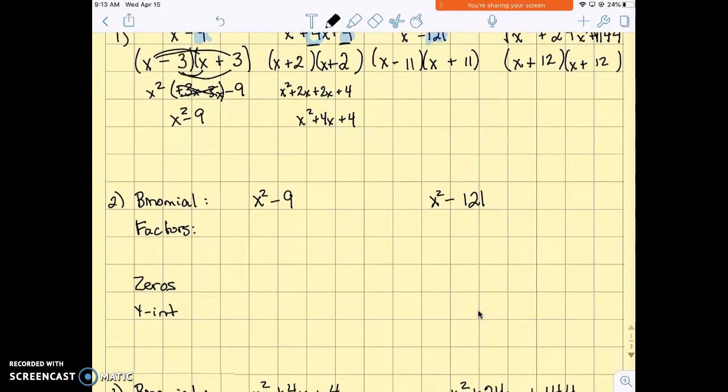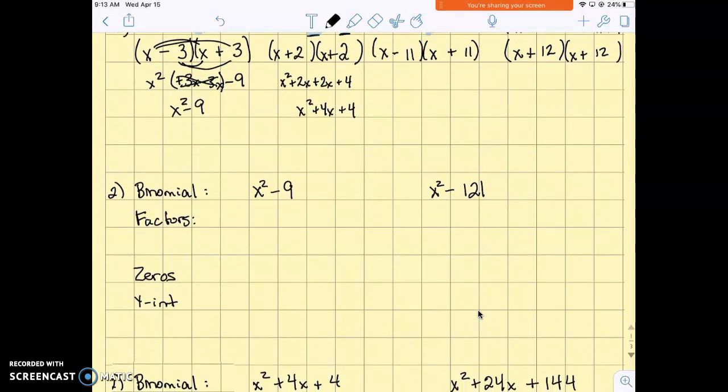So what we want to do with this is we want to be able to factor it and graph it. So let's move beyond just the basics and say, okay, I can get this far and I can now graph it so I can see what it looks like. So when I'm going to factor my special product, I'm going to have x. What's the square root of 9? Very good.